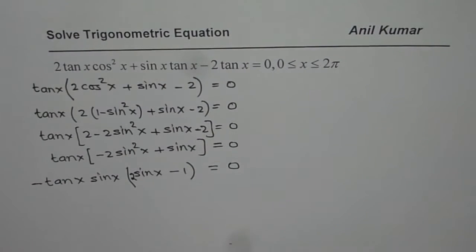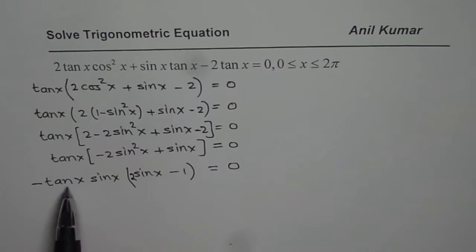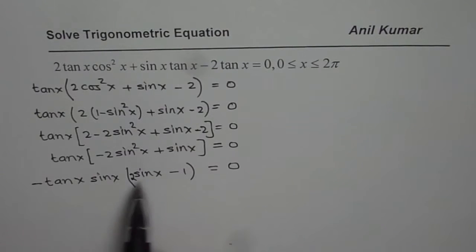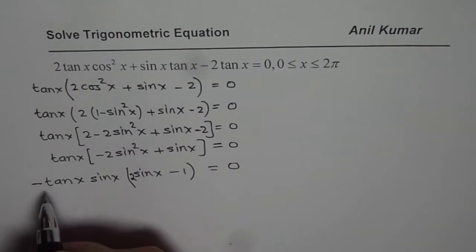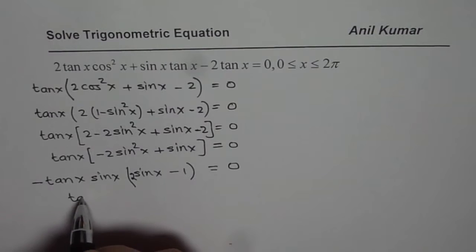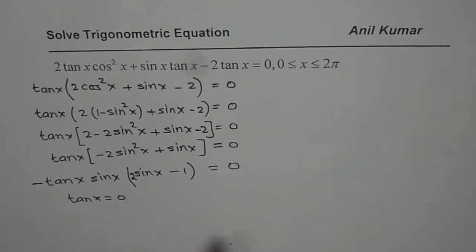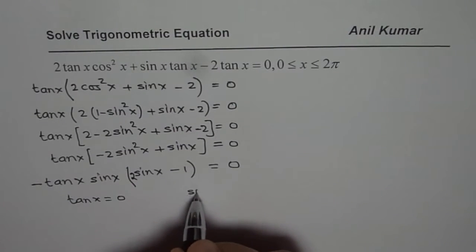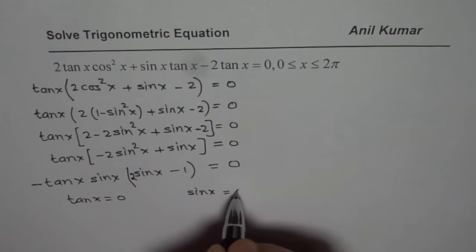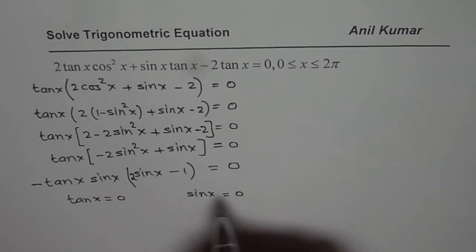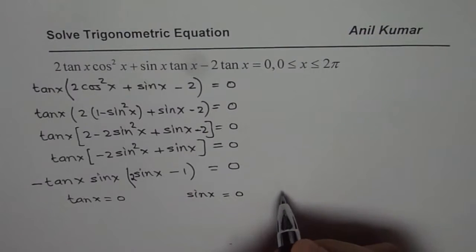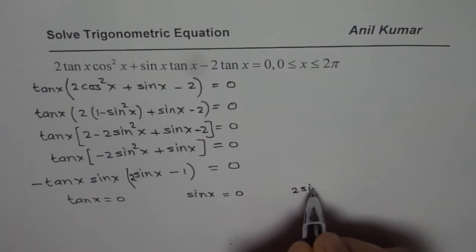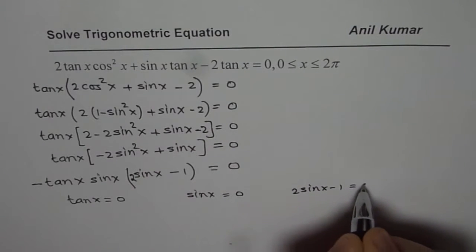You see that? So now I've got three factors for this equation, and so I've got different sets. One is that I have tan x equals 0, then I have sin x equals 0, and I also have the third factor, which is 2 sin x minus 1 equals 0.